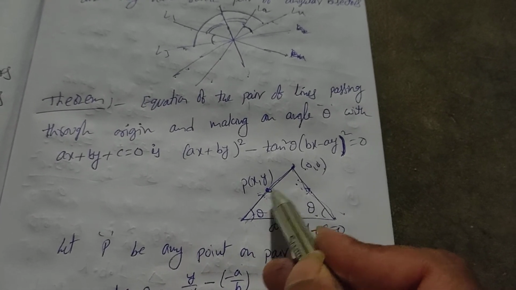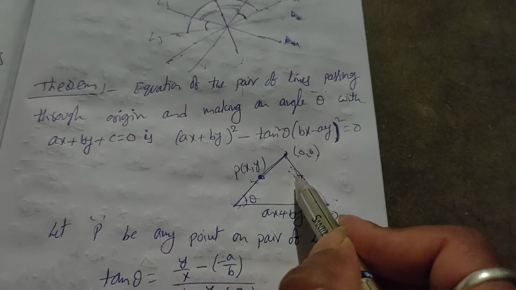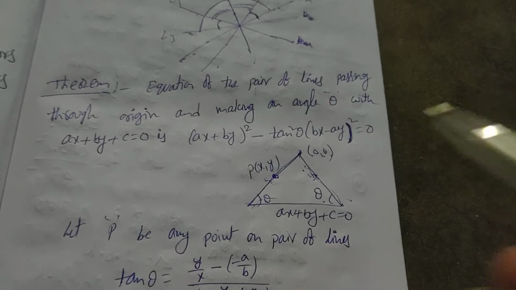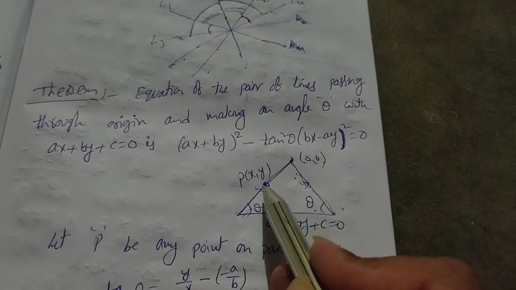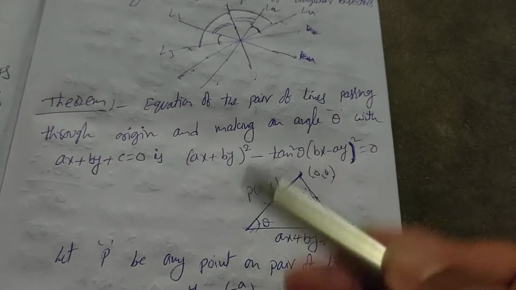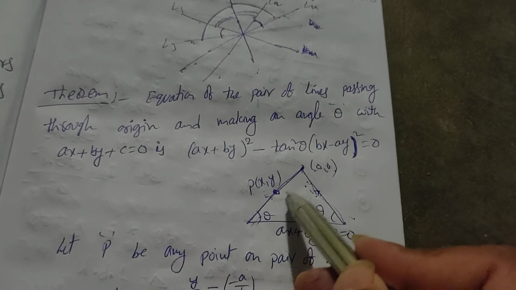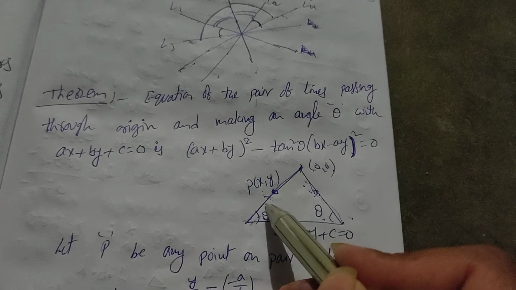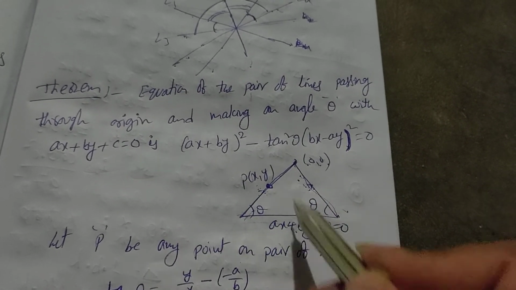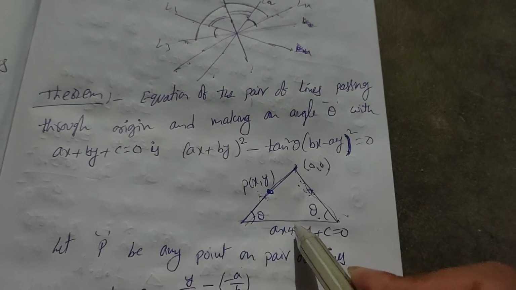You can take it here or here, no problem. Take one point on this pair of lines. That means we are finding a locus. The point which satisfies the condition gives a relation between x and y, which is our required locus. Here the angle between this line and this line, or this line and this line, are both equal, so we take the angle between this line and this line.